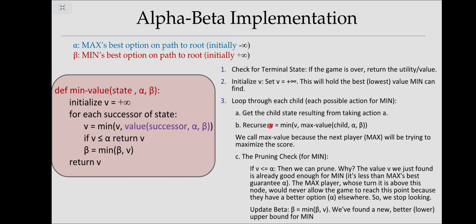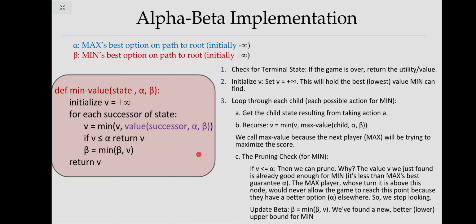And for pruning, check v with alpha. Why do we check v with alpha? Because the father of any min player is a max player.